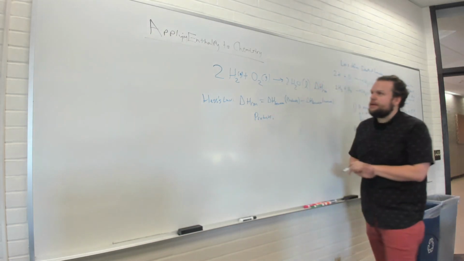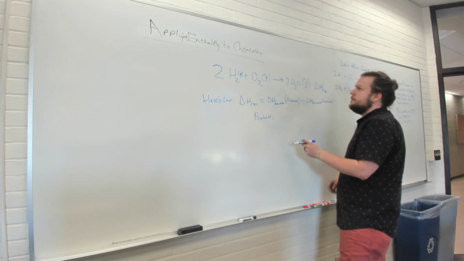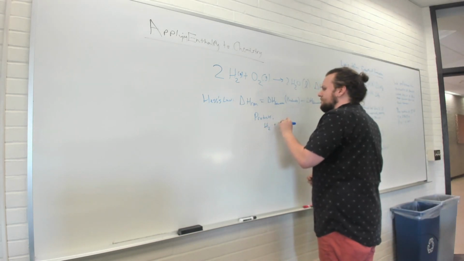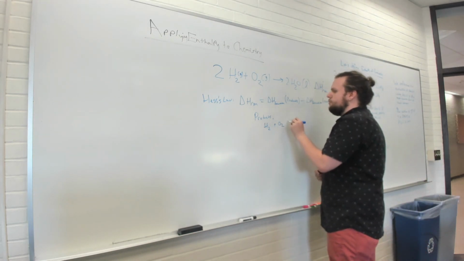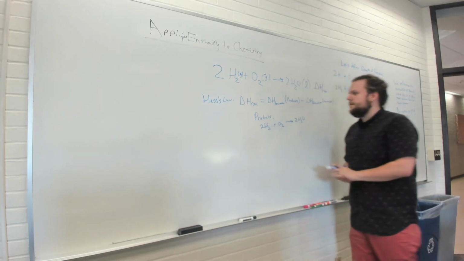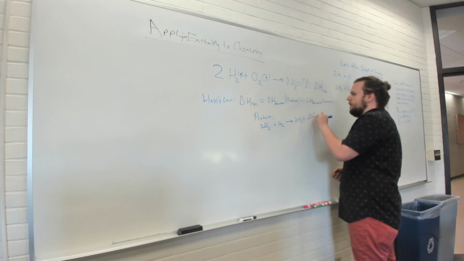How does H2O get formed? Well, we just wrote it down. H2O gets formed by this, right? H2, the natural form of hydrogen is H2, molecular hydrogen. H2 plus O2 goes to 2H2O, and let me add a 2 here. So this is the enthalpy of formation for water.